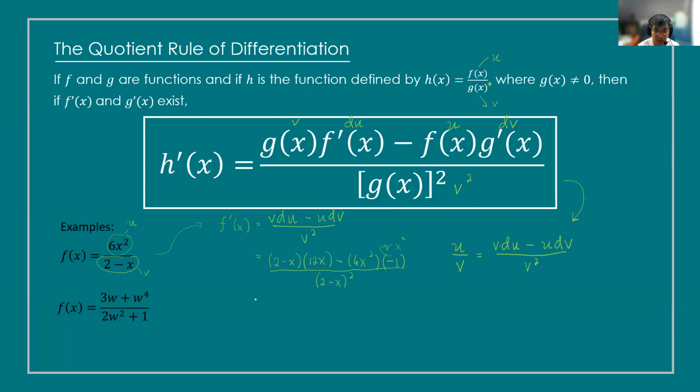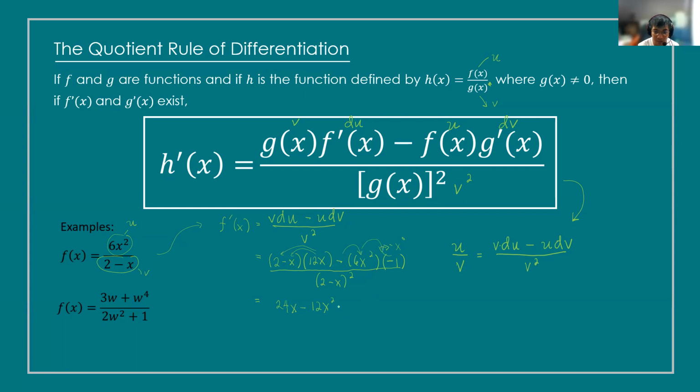Then we simplify the equation. So distribute 12x to each term above. Numerator first, so 24x minus 12x squared. Then this one is negative 6x squared, multiplied by negative 1.